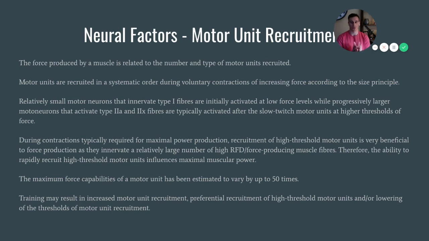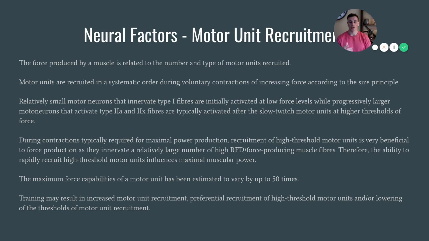The size principle means that small motor units that innervate type 1 fibers are activated first, while the force requirements are quite low, and progressively larger motor neurons that activate type 2 and type 2B or type 2X fibers are typically activated second when the demand for force production is higher. You can see there how that can influence maximal strength expression and also power expression.